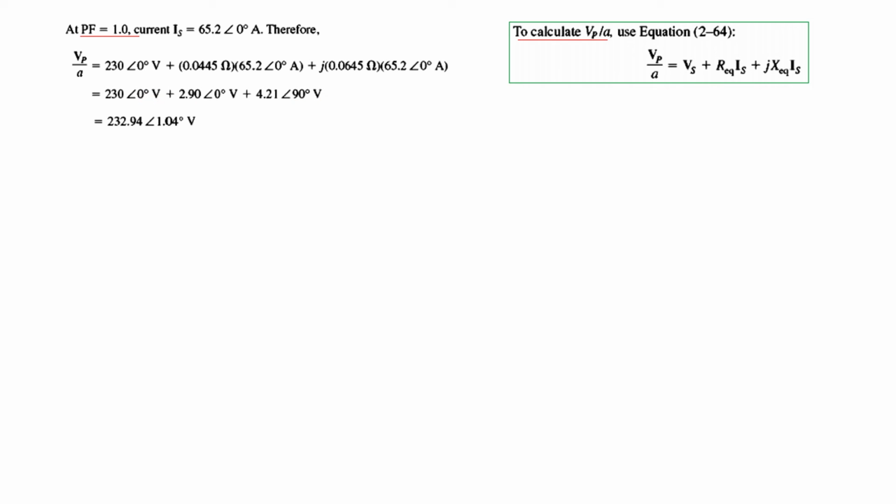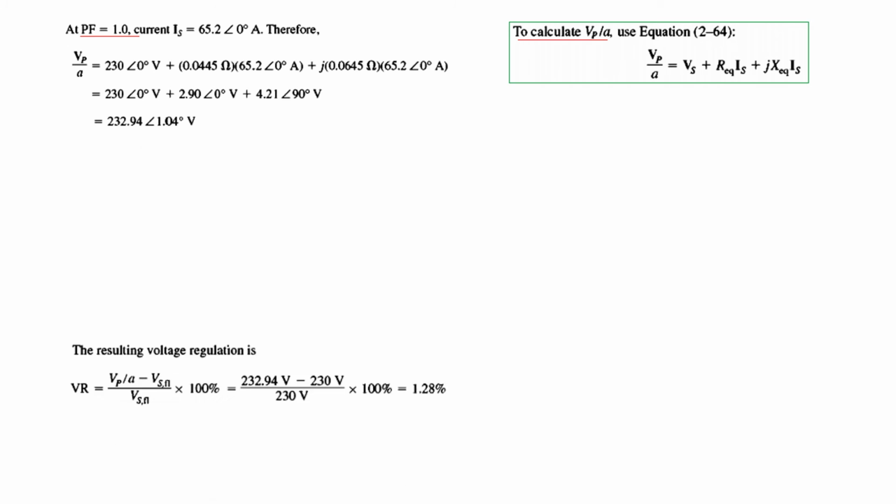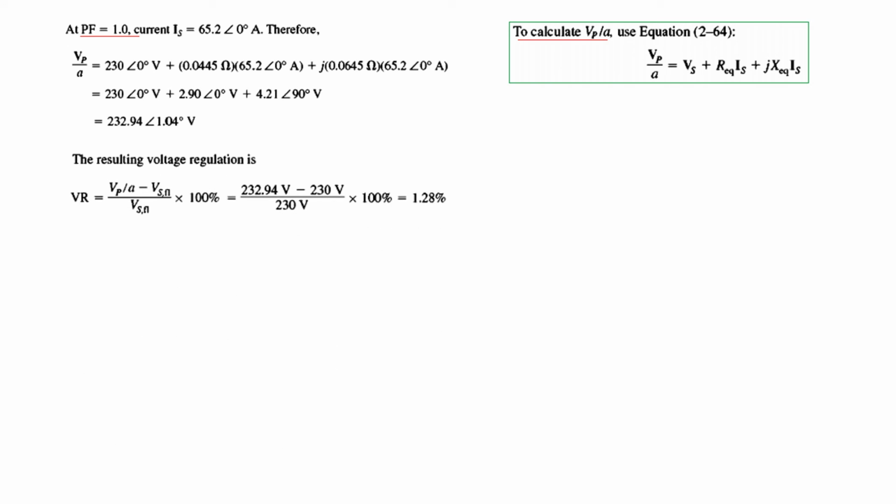It will help us in plotting. So this is the final value, and we can now use the voltage regulation equation. In this case, you can see that the regulation is 1.28%. So when the PF is 1, the regulation has reduced from 2 point something in the previous case. It has now reduced to 1.28.